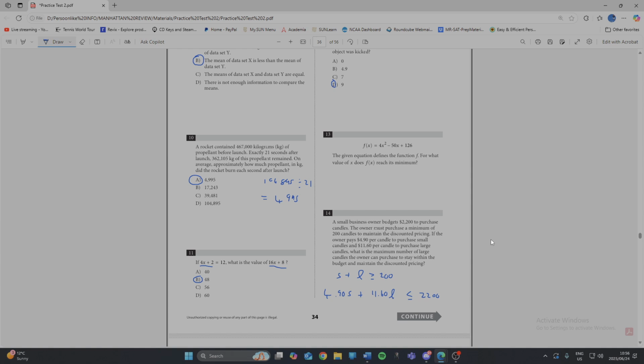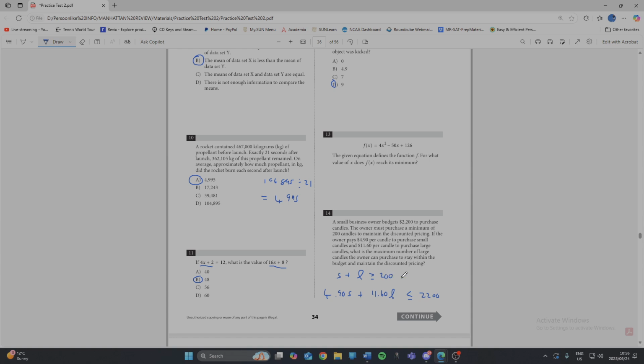Right, so now we have two inequalities which we need to use to set into one another to get this to work. The first thing we can notice here is that S plus L is larger or equal to 200, so we can write that in terms of one or the other.